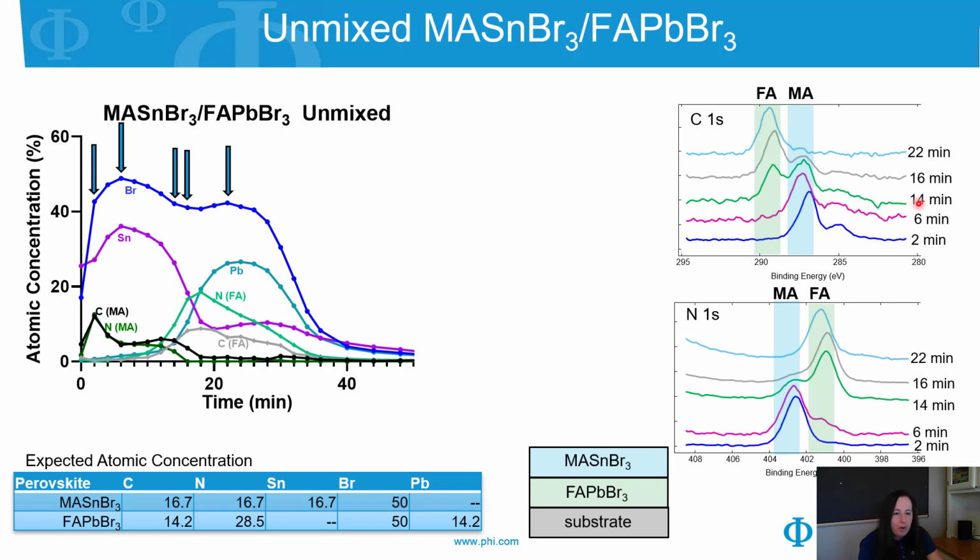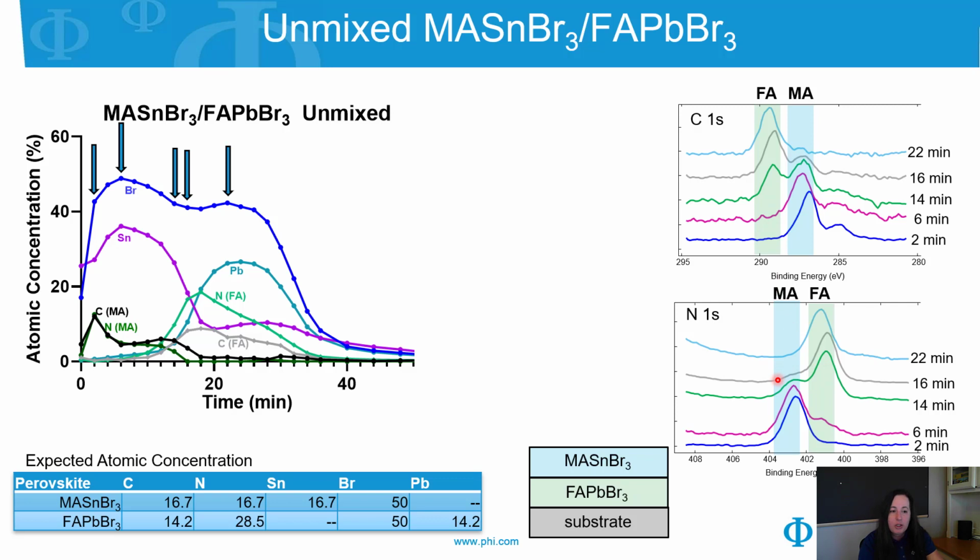If we go to the point at about 14 minutes, which is about right here, so that's kind of at the interface between the two films, we indeed see that we can see 2 separate states for the carbon and 2 separate states for the nitrogen.